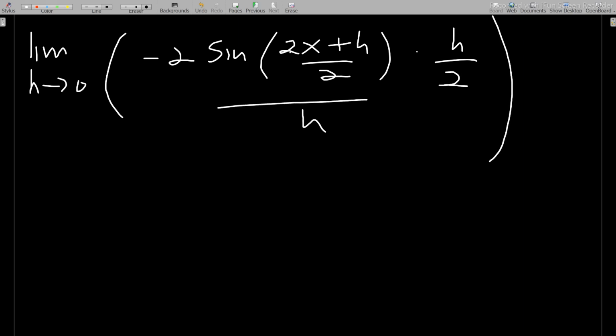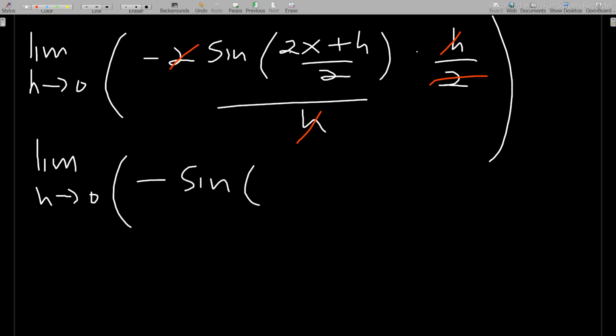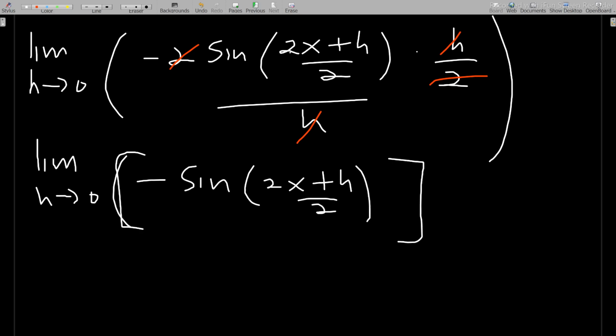And if you continue simplifying, this h can take this h out, and this 2 can take this 2 out. So I'll be left with the limit as h approaches 0 of minus sine of (2x plus h) over 2, and here I can insert h equals 0, so I'll be left with minus sine of (2x plus 0) over 2.